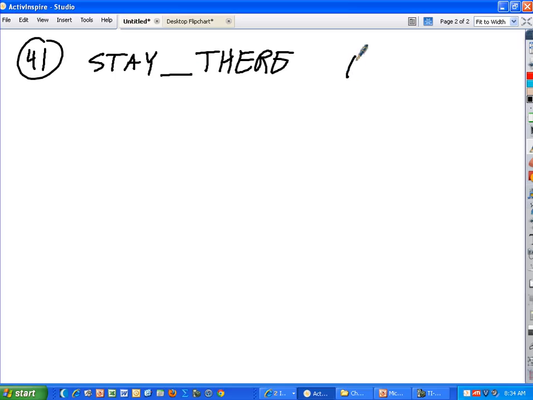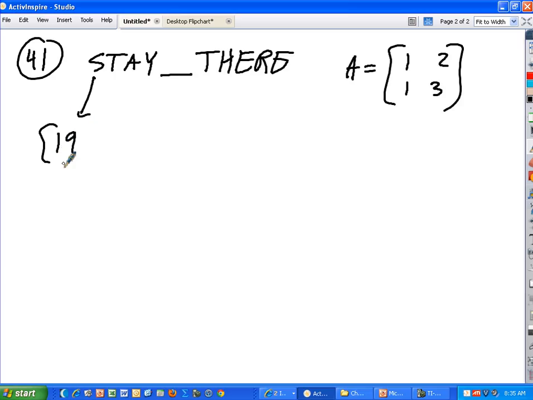If I convert those into numbers, what's S? 19. Okay, so that's 19, and T would be 20 then, etc. That makes sense?